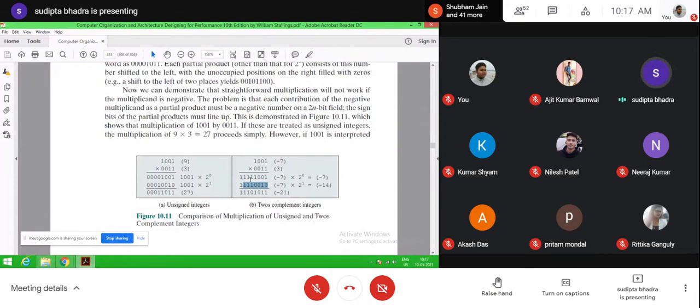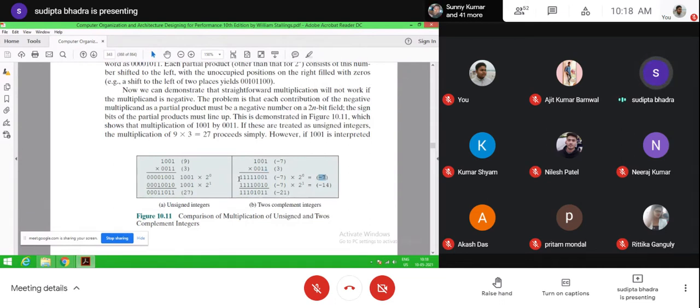So here one thing you please identify: minus 7 is the multiplicand, its sign is minus, so that sign is maintained in the partial product also. Minus 7 into 1, the 1 is present at the 2 to the power 0th position, it is going to give minus 7.